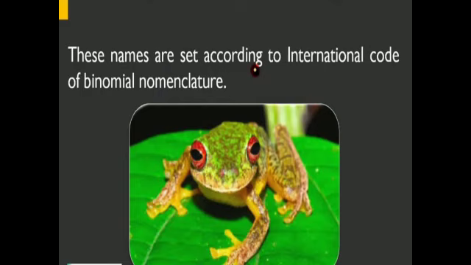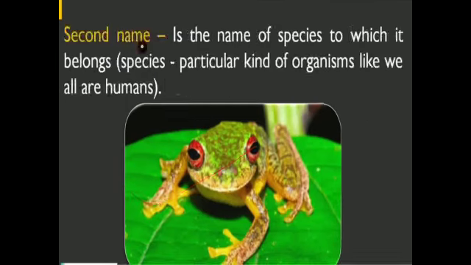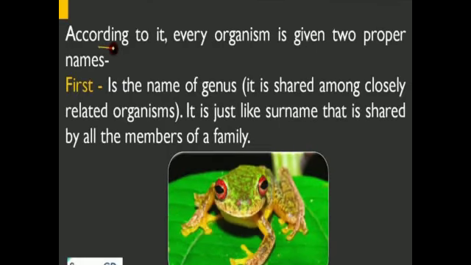Suppose this is the figure of a frog. What is the binomial nomenclature given to it? It is Rana tigrina. Rana is the name of the genus, the first name. All organisms in this group are given the genus Rana.